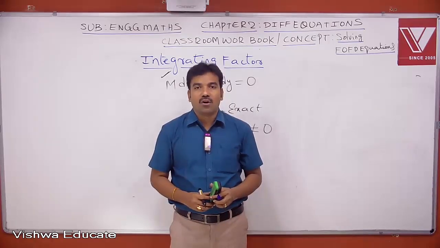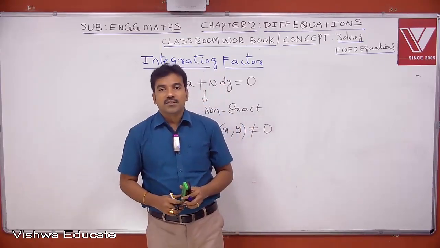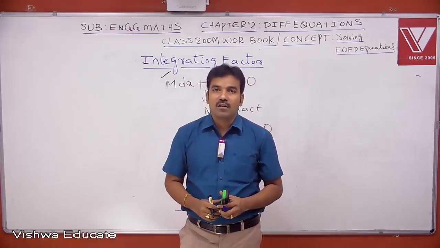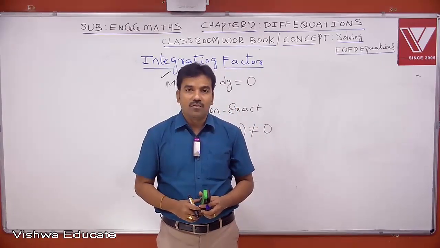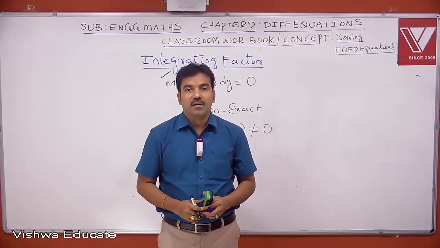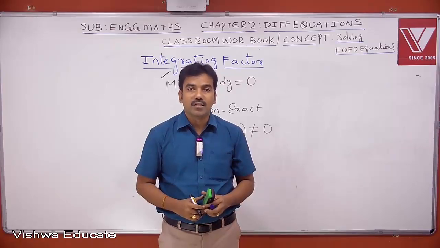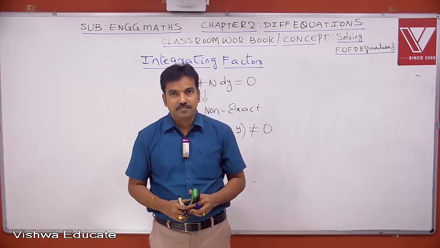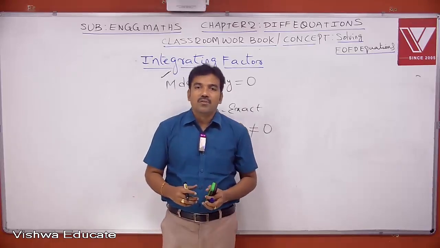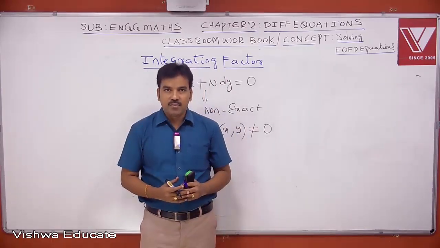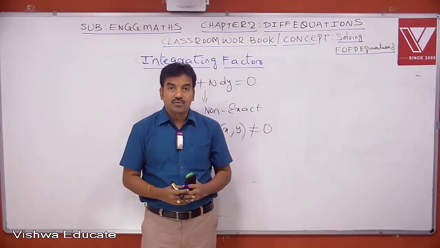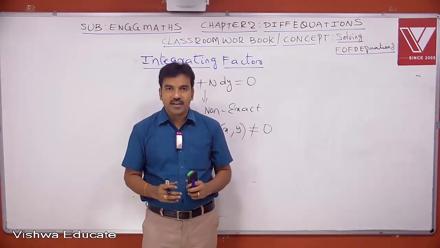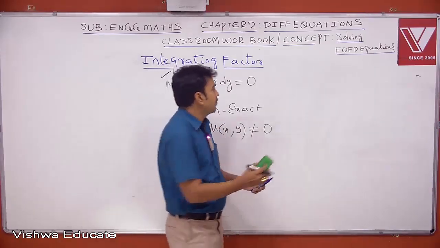Such a non-zero function is called an integrating factor of the given equation. Right? Now we discuss one basic example, followed by the procedure to find integrating factors of non-exact equations. Right?